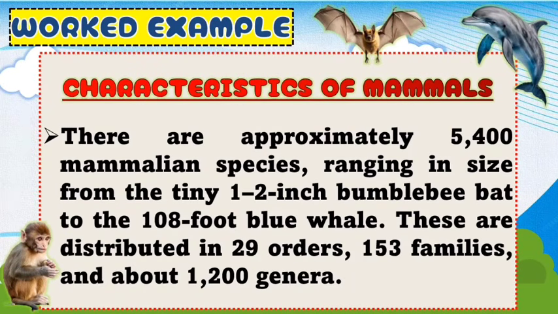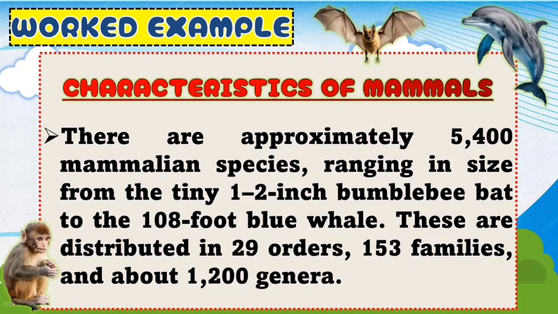Another characteristic of mammals is that there are approximately 5,400 mammalian species ranging in size from the tiny 1 to 2-inch bumblebee bat to the 108-foot blue whale. These are distributed in 29 orders, 153 families, and about 1,200 genera.